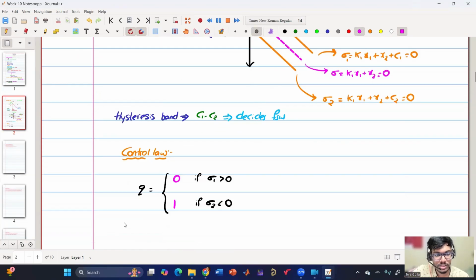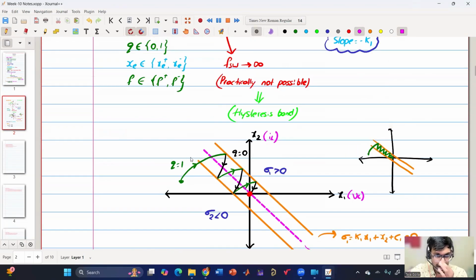Is that clear? This is how we decide whether to turn the switch on or off based on the hysteresis. Is that clear? The control law.